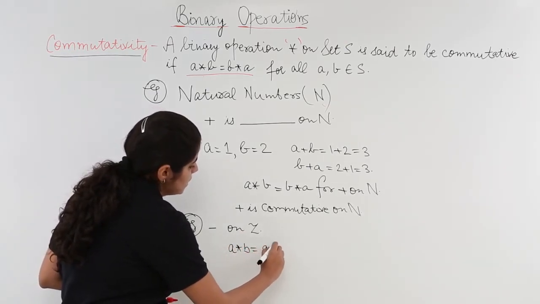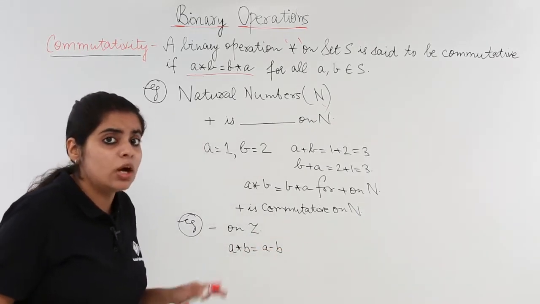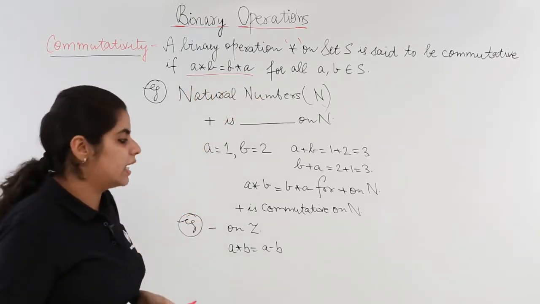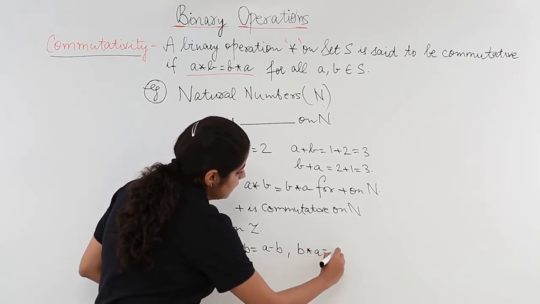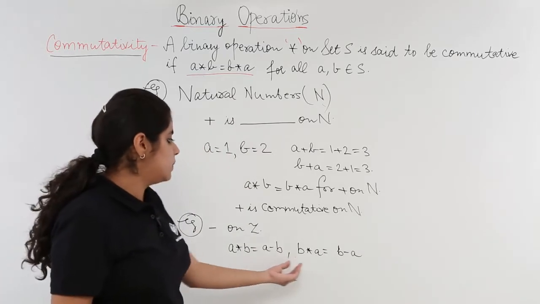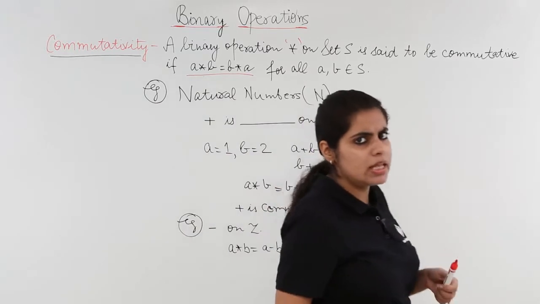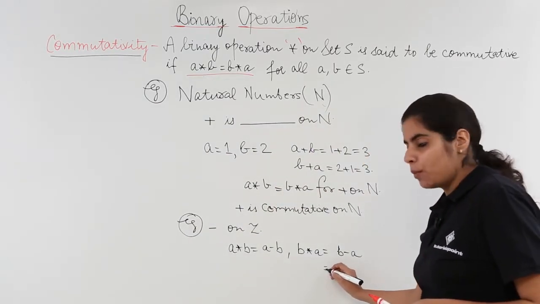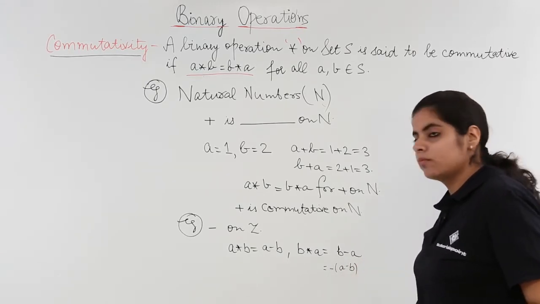A star b is a minus b, and some answer would be obtained. To check commutativity, I also have to check b star a. B star a is nothing but b minus a. Now is a minus b equal to b minus a? B minus a can be written differently: we can take a common minus, and then we have minus of a minus b.